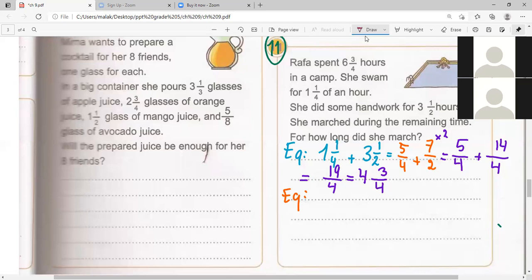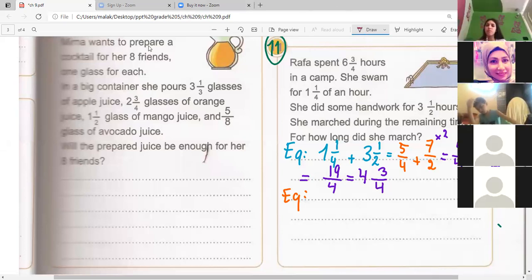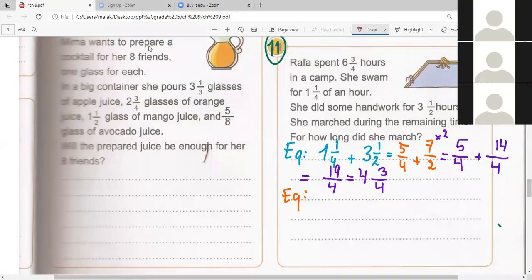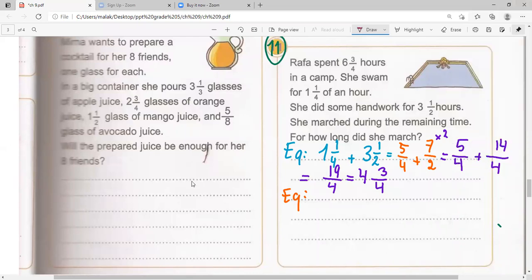So how many hours does she spend on marching? So what shall I do? Jawad, what shall I do to find the remaining time? I didn't understand well because my electricity was cut. Okay, Jad Hariri, what shall I do now?